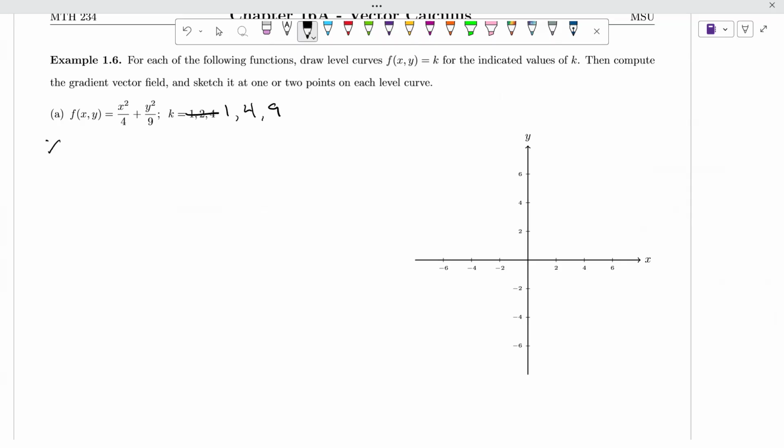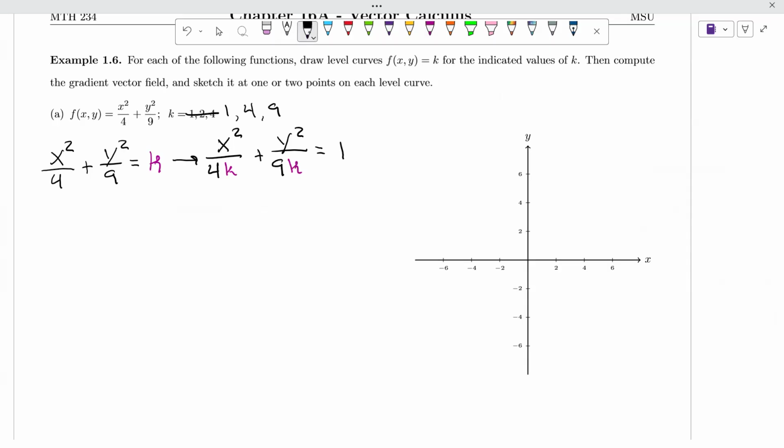And if I'm looking at level curves, I've really got the equation x squared over 4 plus y squared over 9 is equal to k, which in turn is going to be x squared over 4k plus y squared over 9k. And that's equal to 1.